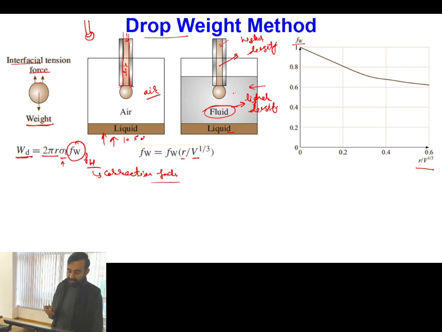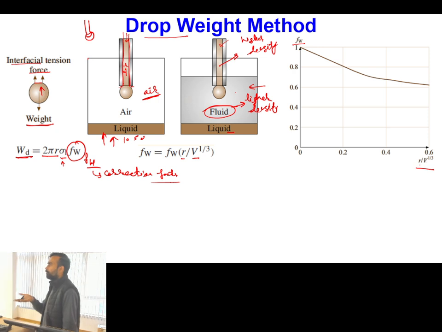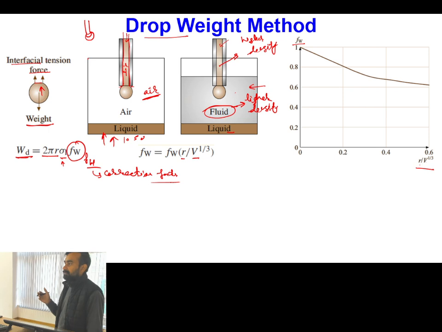Second important point is, whenever we have done this force balance, I have not accounted over here for the buoyancy force. Okay, so typically when I have an air and water combination or any liquid and air combination, then the density of air is extremely small in comparison to the density of the liquid.